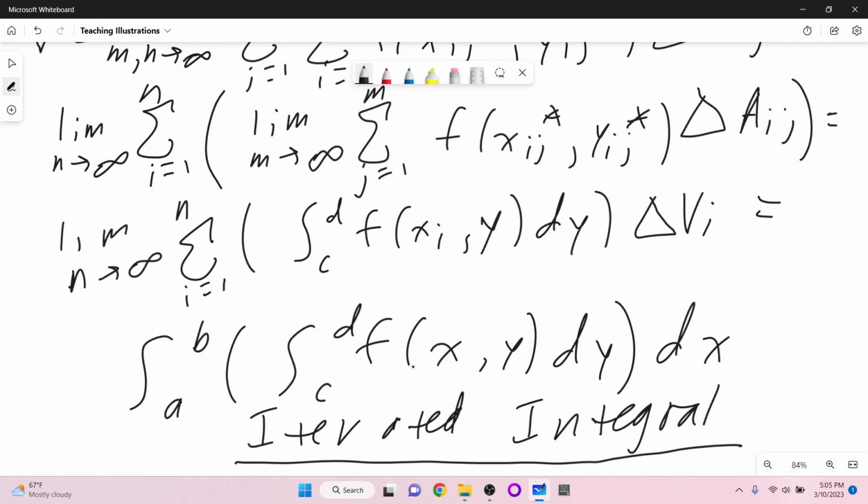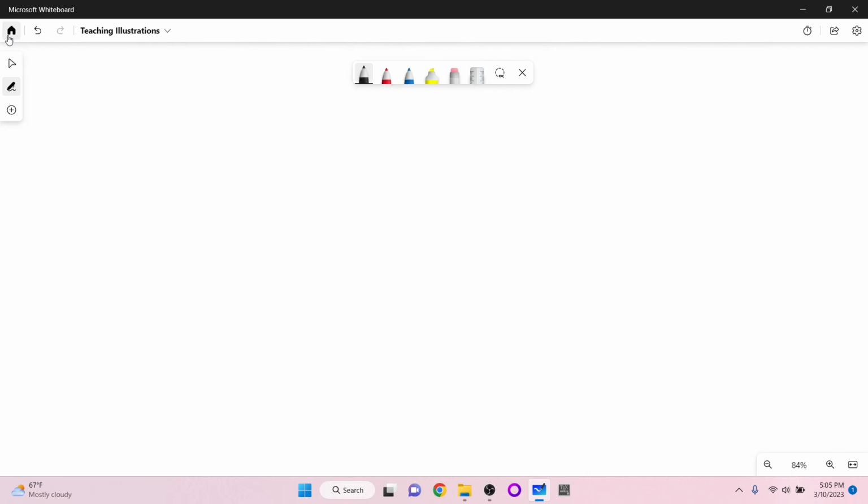So that's the key to this subject: we're going to have multiple integrals, two or more, and we work them sort of from the inside out. So let's do an example. Or at least, I don't know what I mean by practical. It's one that you could actually work out explicitly.